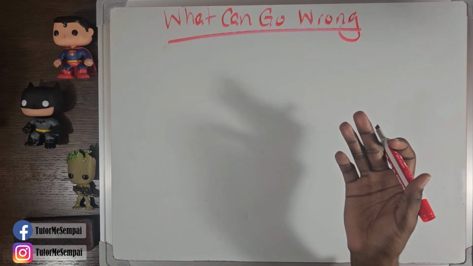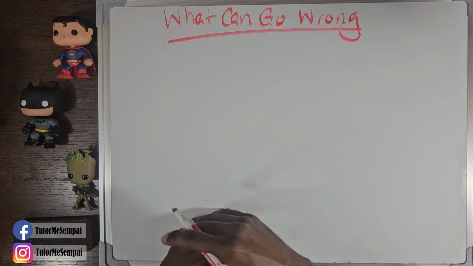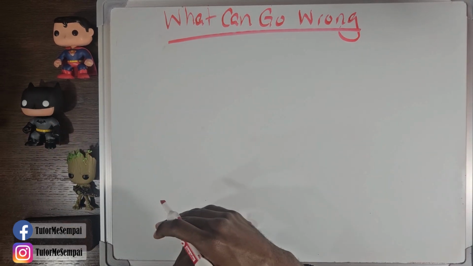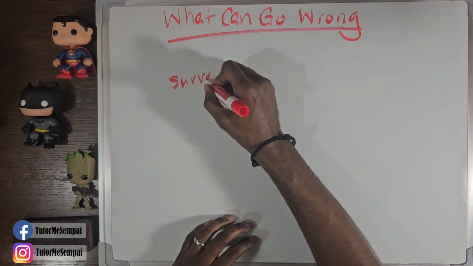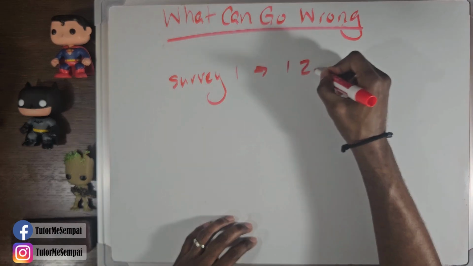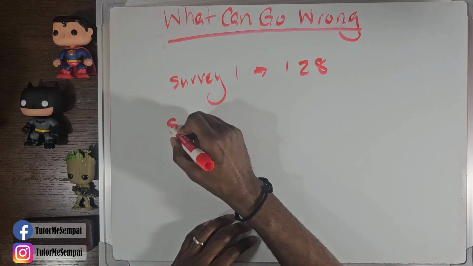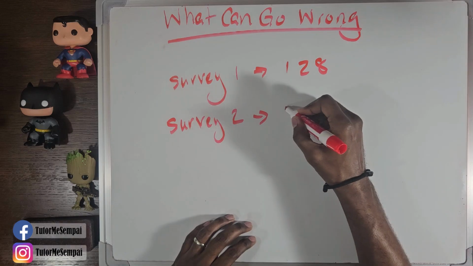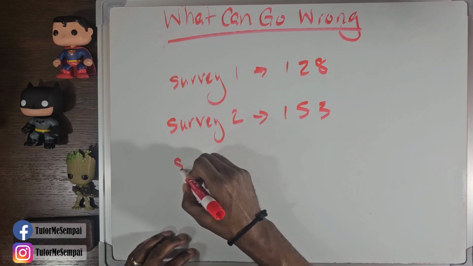So let's say that we were collecting surveys and we did 4 surveys over 4 months. For survey 1, we had 128 people do that survey. That was in our first month. Survey 2, we did 153 people.